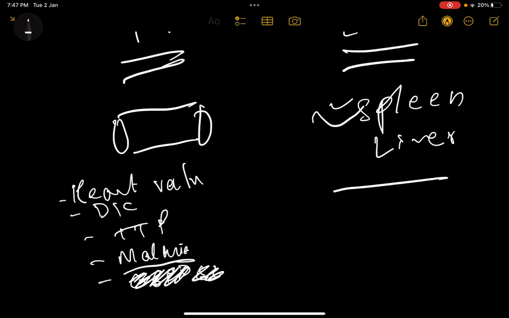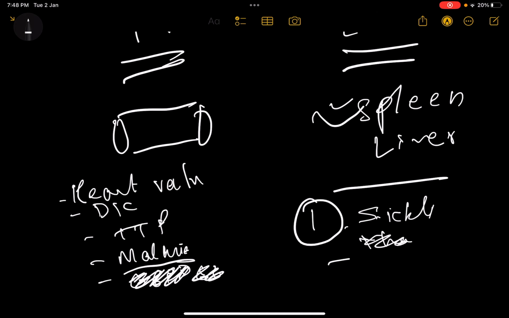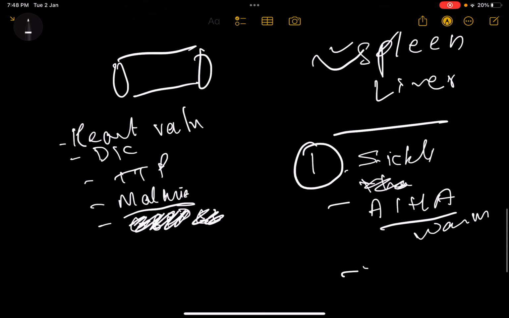If it's extravascular, you probably want to first think about stuff like sickle, thal, but again, those are not hemolysis. So you could talk about sickle, you could talk about autoimmune hemolytic anemia, obviously of the warm type. You could probably even talk about G6PD here.